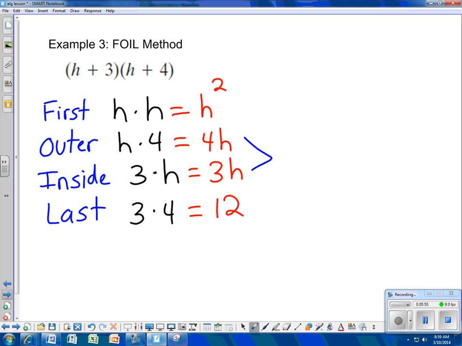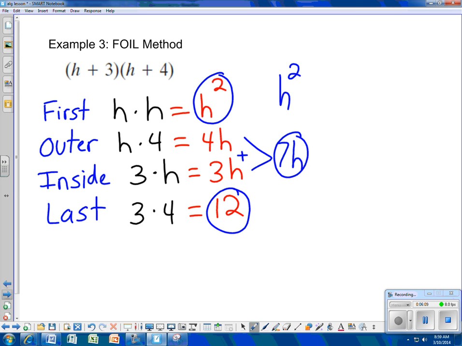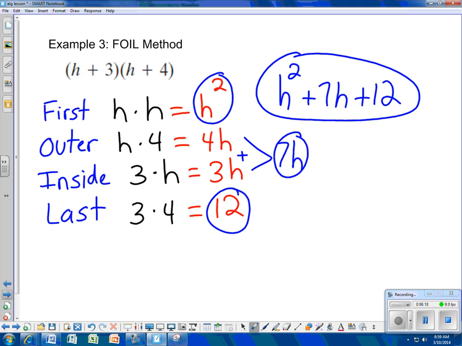You'll add them together to get 7h. And then these 3 parts make up our answer. So h squared plus 7h plus 12. This is our answer.